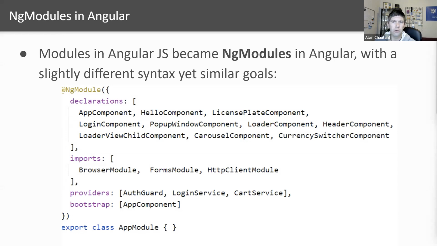If we look at any of our modules, we're going to see all of the components declared in here, all of the third-party or not modules that we import and that we need in our app, and dependency injection config and bootstrapping the app component and such. So it is a little bit verbose, especially if you have lots of components. Your NgModule declaration file is going to grow pretty quickly.